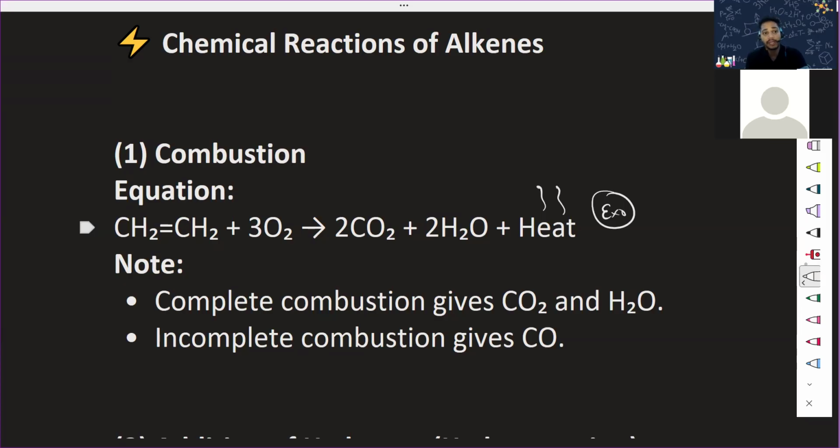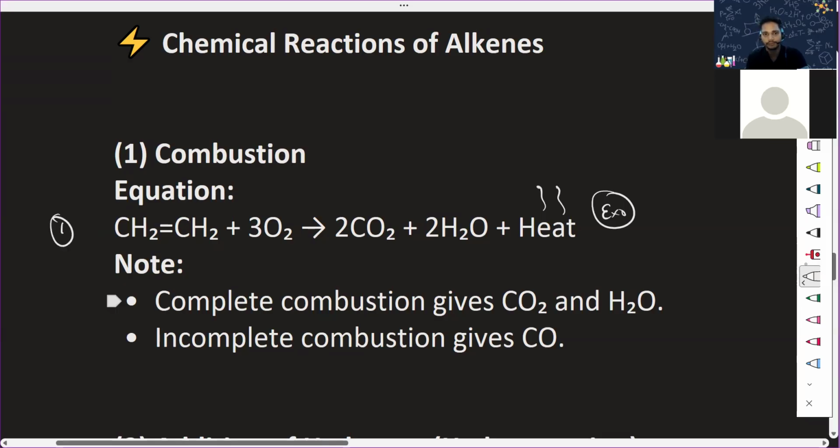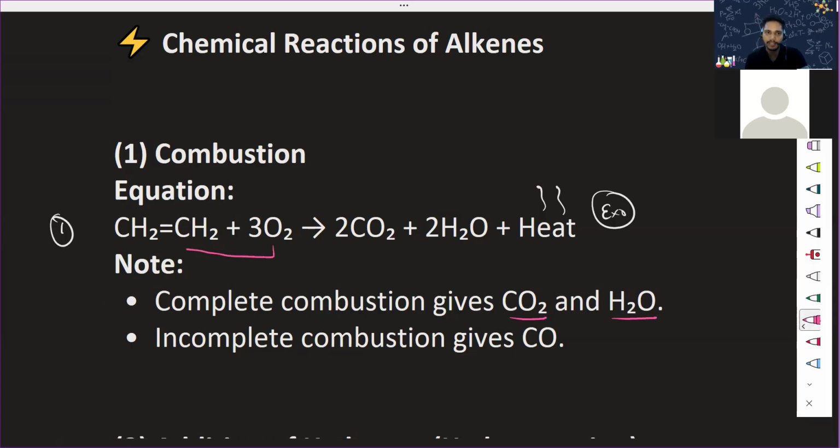Okay, can you write this quickly? Only the reaction. Complete combustion gives CO2 and H2O. Complete combustion means oxygen is completely attacking this. And incomplete combustion will give carbon monoxide. That is the partial one, but we are interested in this one.